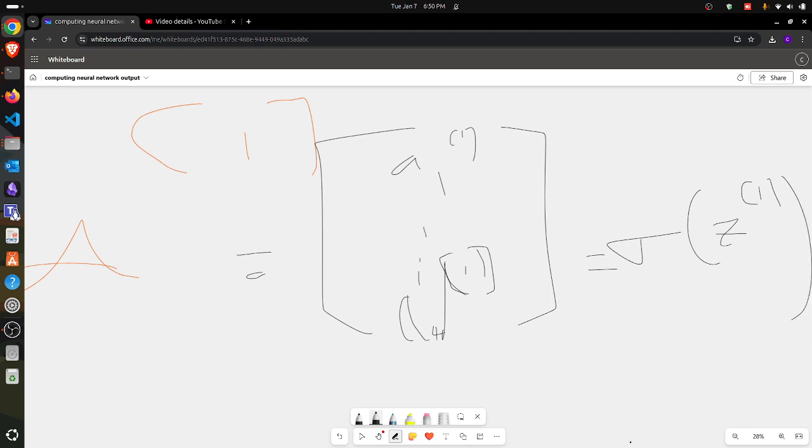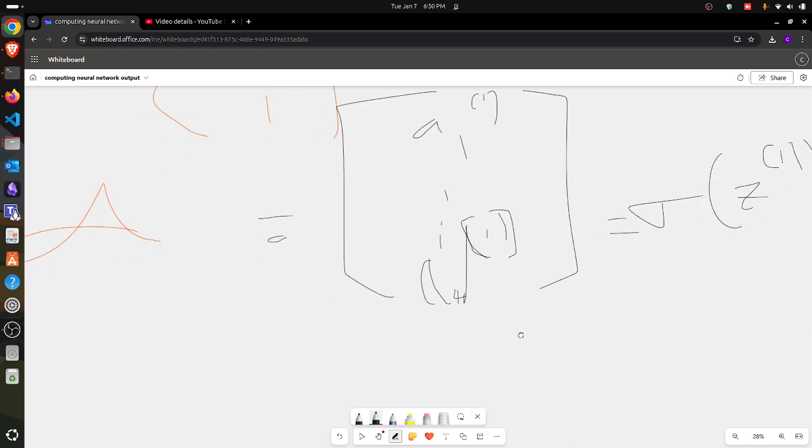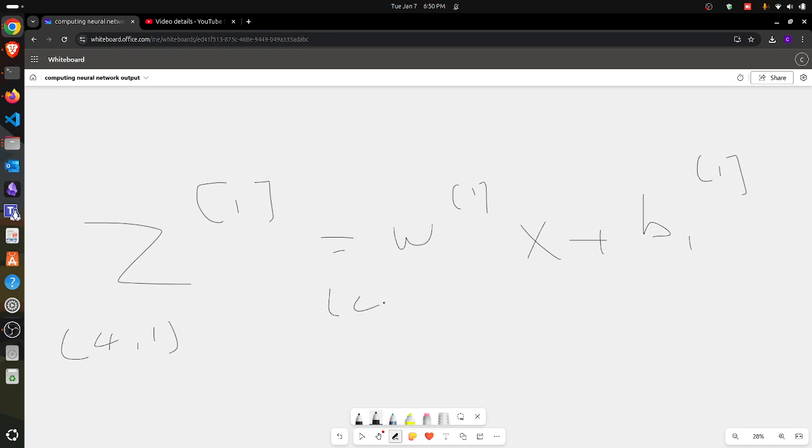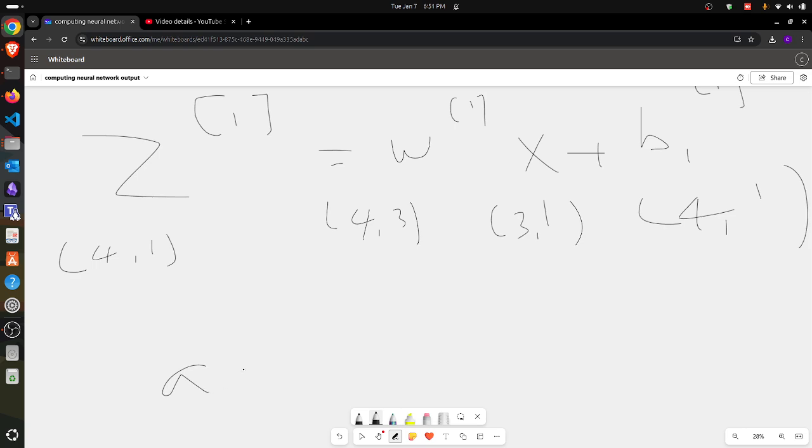So basically we're going to have these equations where we calculate z of the first is equal to w of the first times x plus b of the first layer, and we're going to have the dimensions as 4 by 1 for this one, then 3 for this one, then 1 for this one, then 1 for this one.